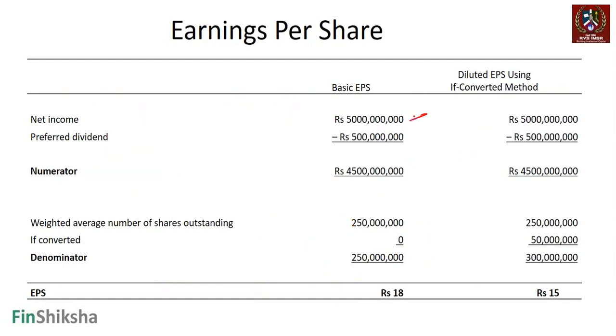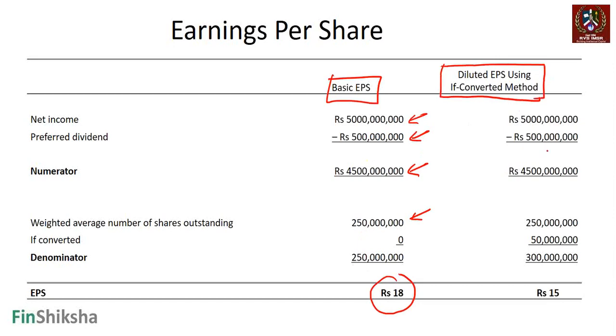Net income of 500 crore minus preferred dividend of 50 crore. So numerator is 450 crore. Weighted average number of shares is 25 crore. You divide 450 crore by 25 crore, you get rupees 18 as your basic EPS. Now, if you're going to calculate the diluted EPS in this case, that's going to use the if converted method, which is basically you're assuming that these shares will get converted.